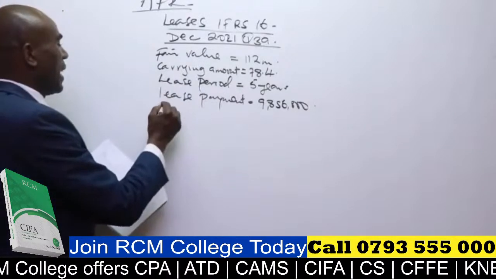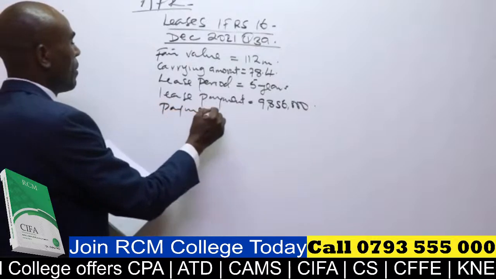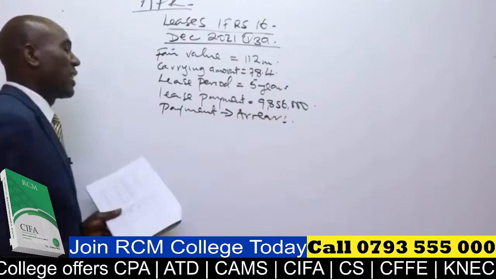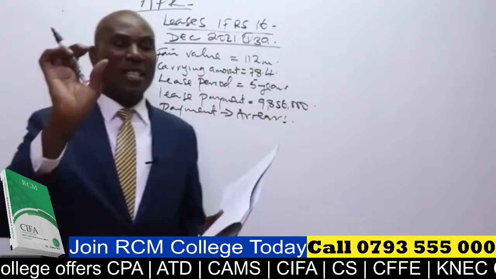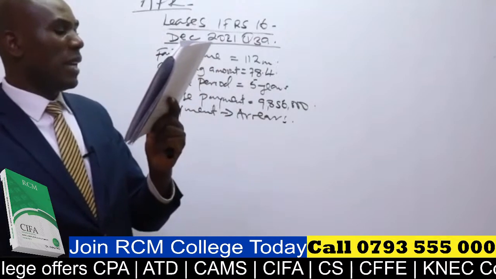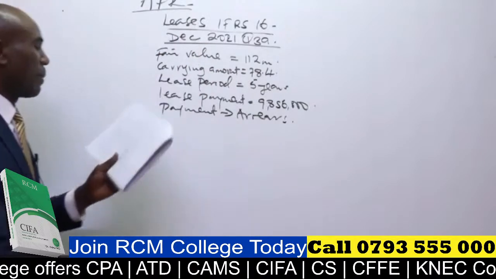Payment is in arrears. Therefore, this will determine our amortization schedule and how we recognize the liability, because we are paying in arrears. Interest rate implicit is 7%.